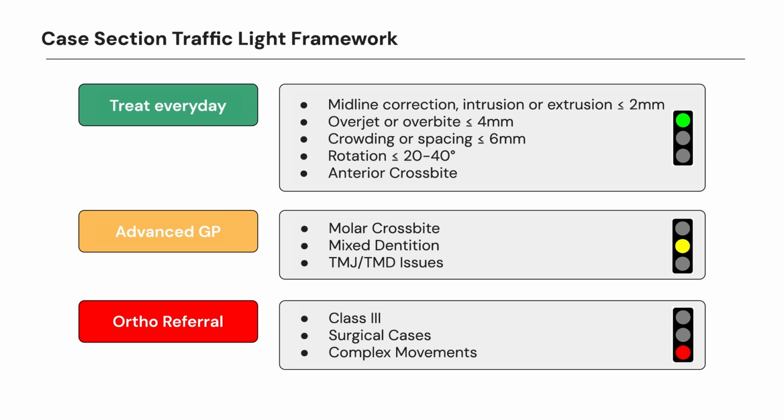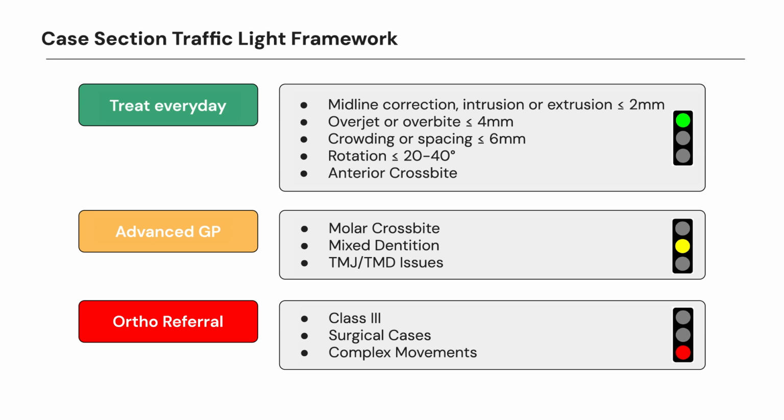Oh, the other thing that's an everyday thing is for us to treat anterior cross bites. Love doing that. I think clear aligners are much better, safer, and more aesthetic for patients than trying to do it with fixed ortho. And with that in mind, anterior, okay, posterior, yeah, a little more challenging. So if you have some advanced skills, go for it. You can go ahead and do molar cross bites with clear aligners.